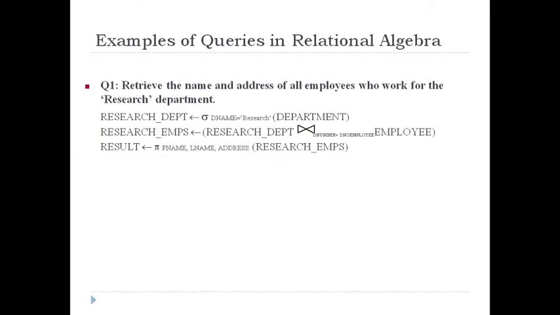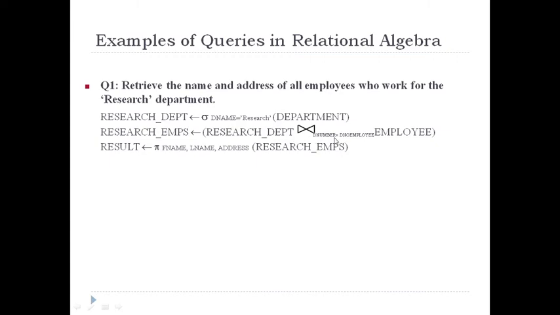So using that we have to join, and then either you can do this join first and then select, or you can select the research department and then take the join. Now if I select the department with research first, then after joining it will reduce the number of tuples.